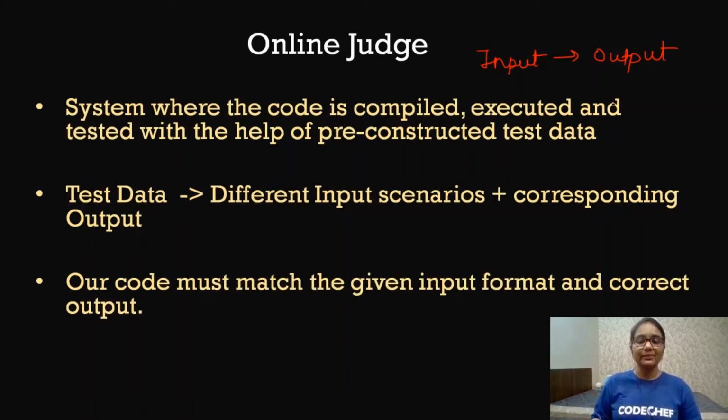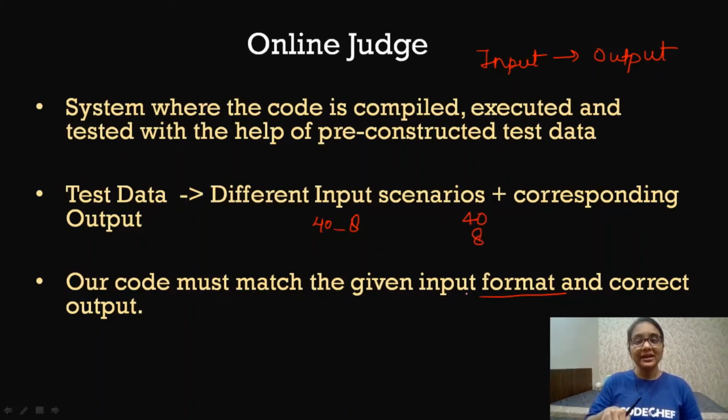So that is what happens, and the format should also match. It is not like, for example, the input is 40 and space again 8. The input has to be 40 space 8, like one integer, space, the other integer. But suppose in your program, the input is like 40 and 8, meaning in separate lines.